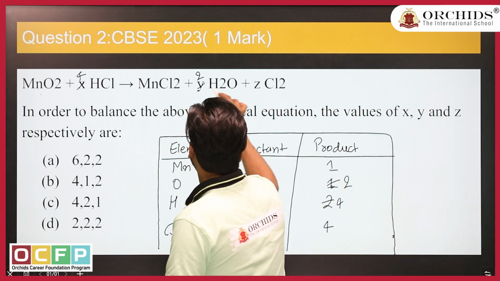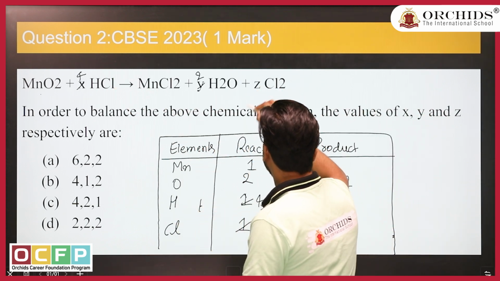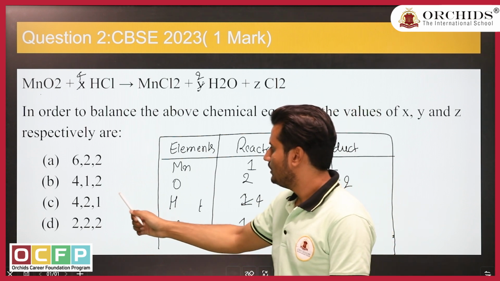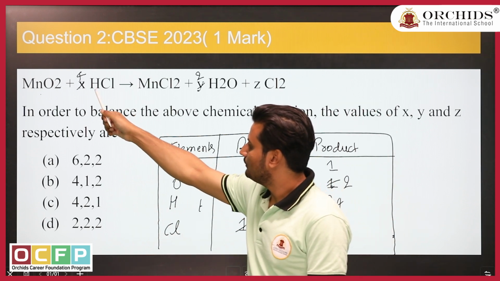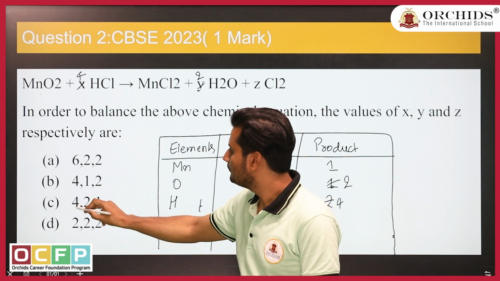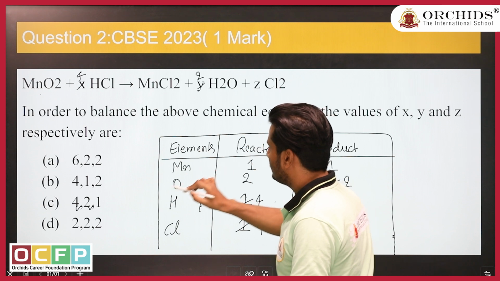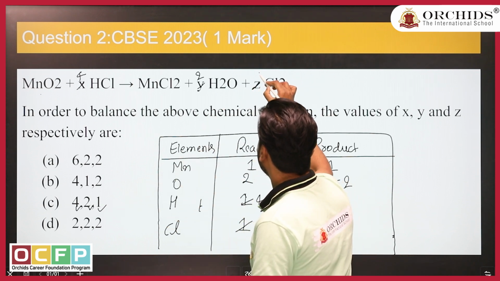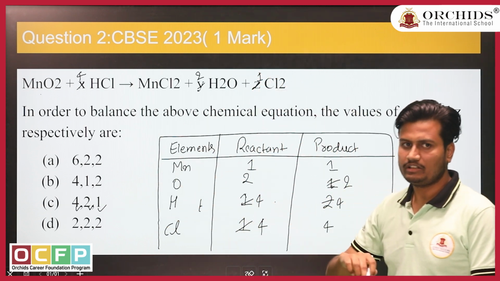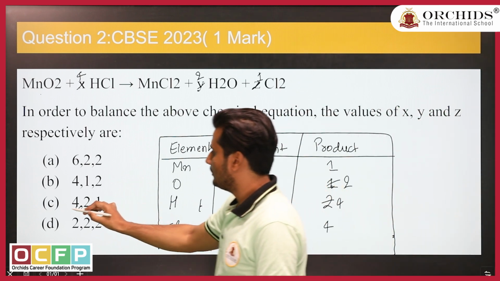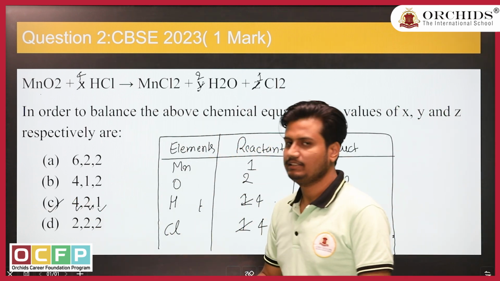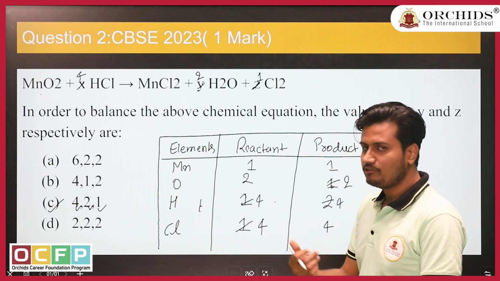So which one is our correct option? We had to find the value of x. x is 4, y is 2, and z is 1. So this is our correct option, option C. Alright, we will move to our next question.